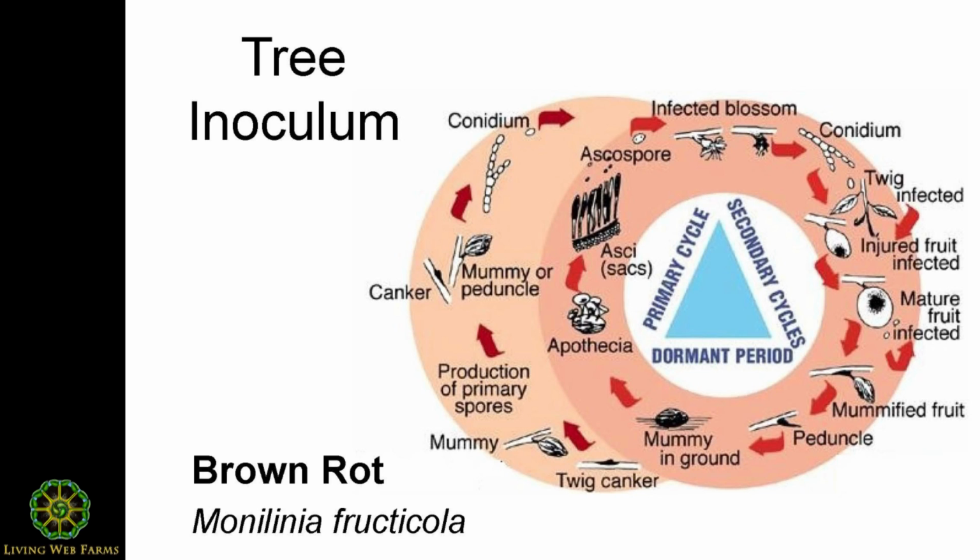Brown rot overwinters as a twig canker, as a mummified fruit, as a mummy on the ground, particularly where it's not that biologically active and things get broken down and decomposed. So that's where spores are going to come from. The first round of infection is going to infect the flower clusters, and the base of those flower clusters, the spur wood.